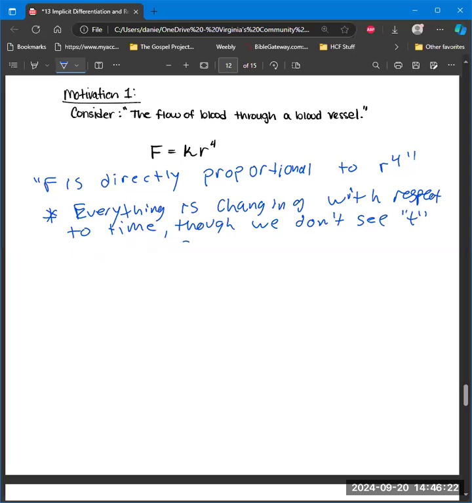We don't see our function explicitly defined in terms of t.